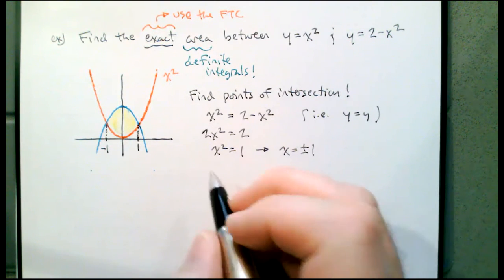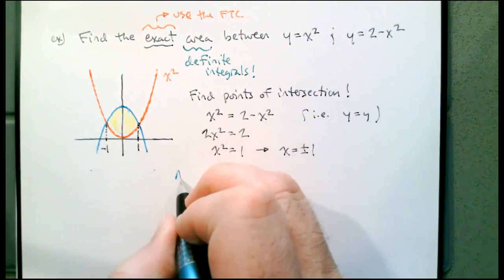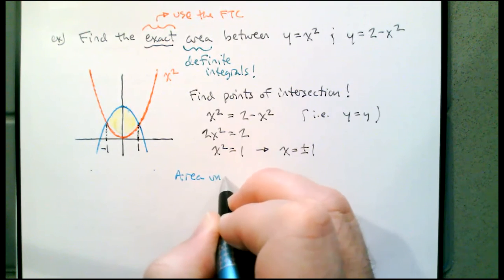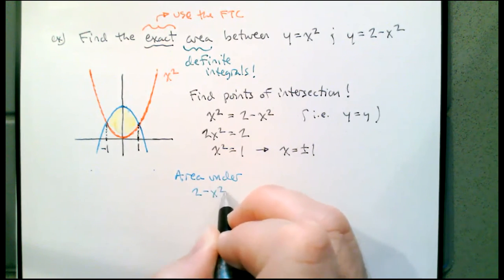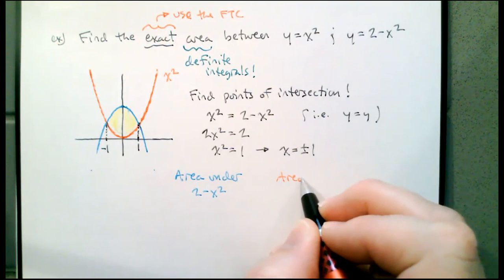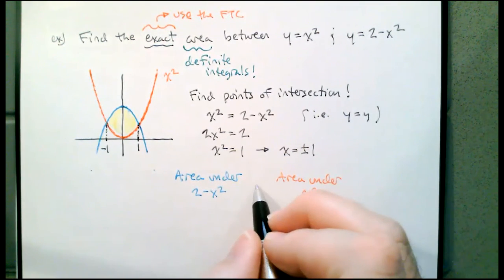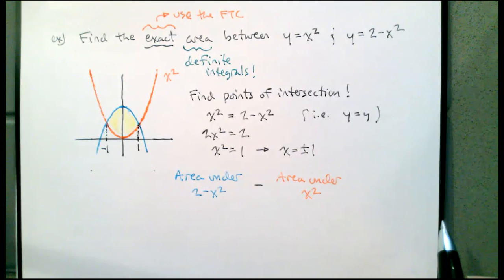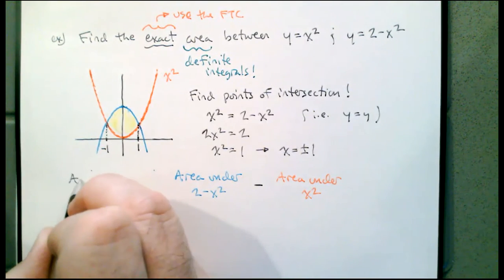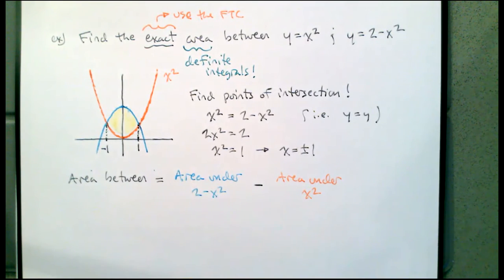So the way we're going to set up the problem is we're going to take the area under the 2 minus x squared, and we're going to subtract the area under x squared. And that'll give us the area between.